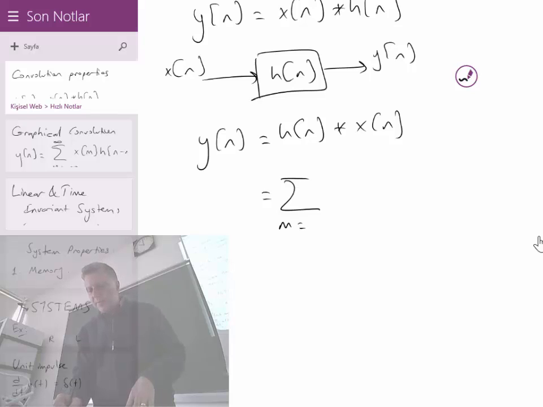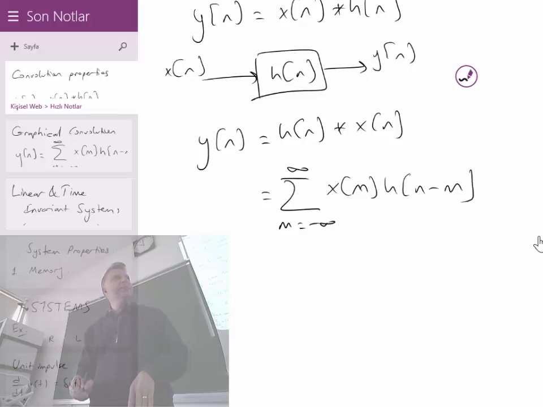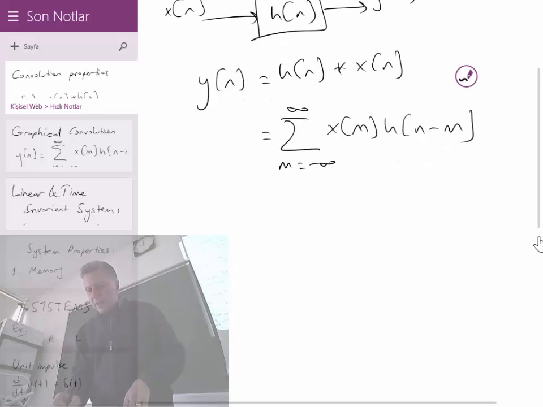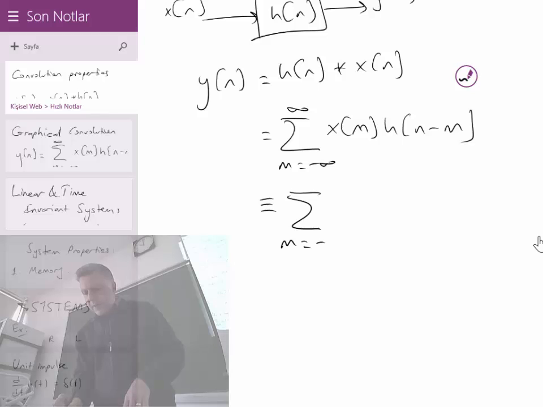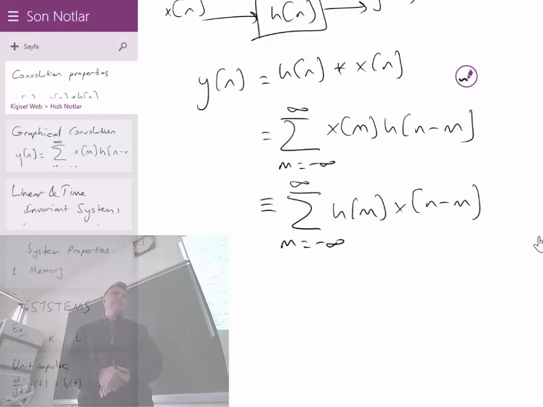It was m from minus infinity to infinity x of m h of n minus m, right? This is what I have written. And I'm now saying that this is also equivalent to summation, m from minus infinity to infinity h of m x of n minus m as well. It's the same.